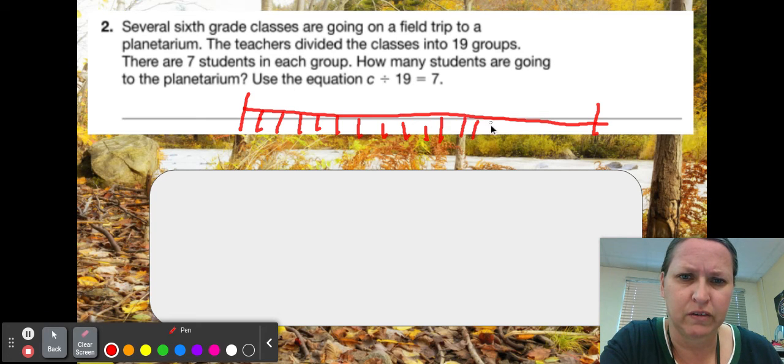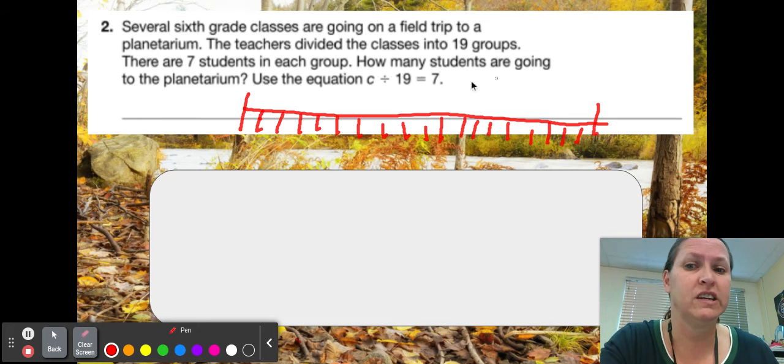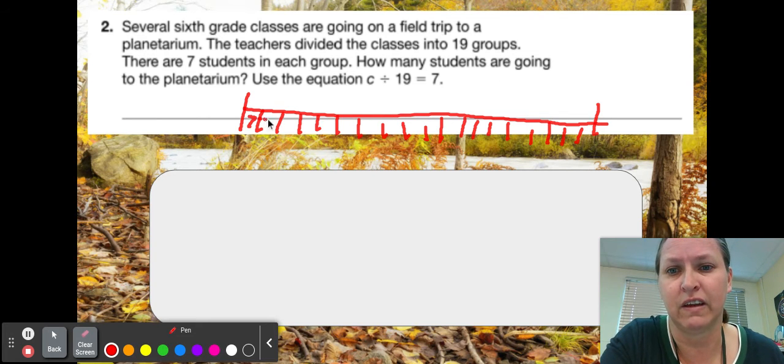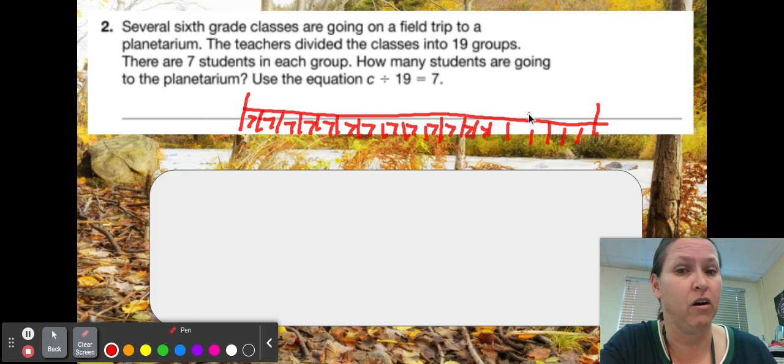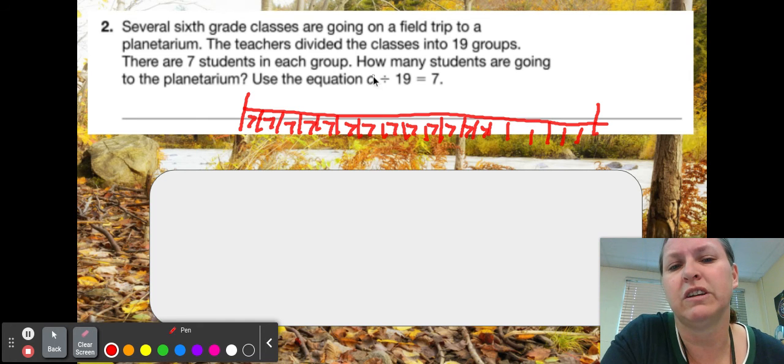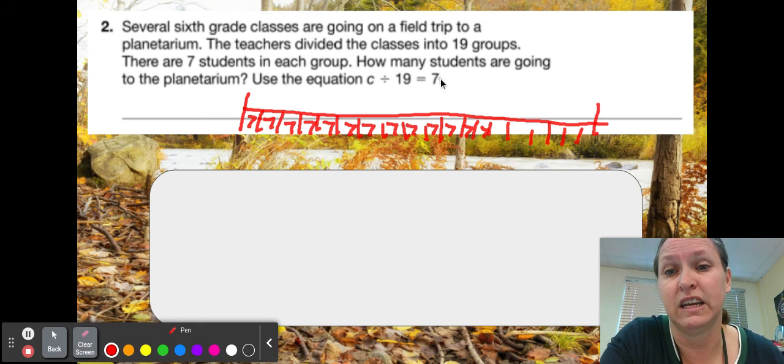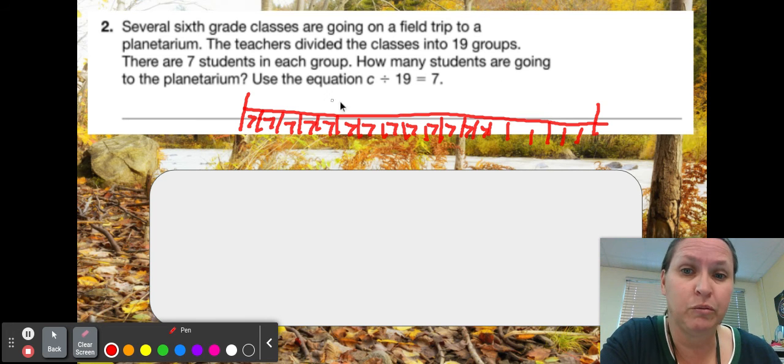There's 19 groups, and every one of these groups has 7. 7, 7, 7, all the way down. So it says use the equation C divided by 19 equals 7 to figure out how many go in. This is what my image would look like, and this is C.